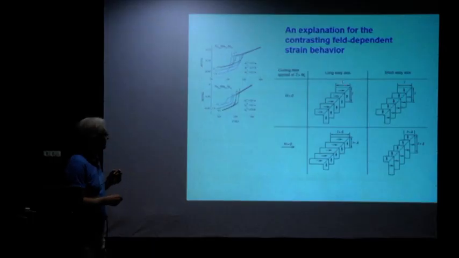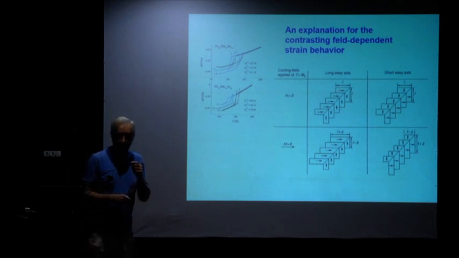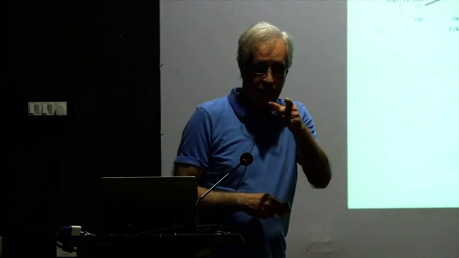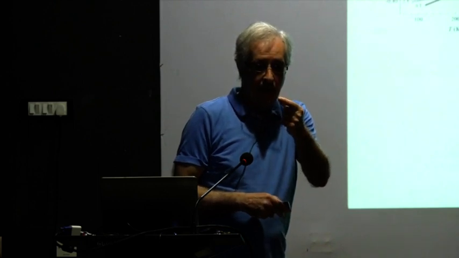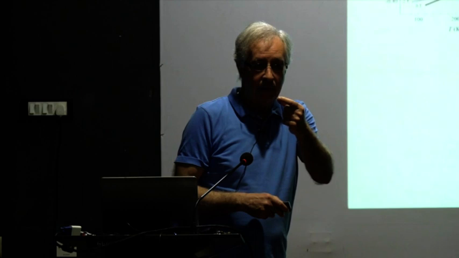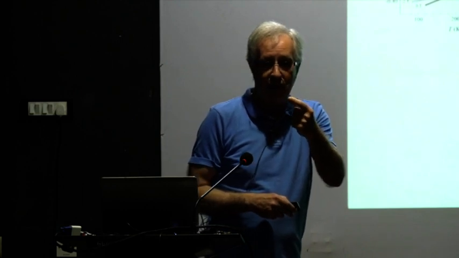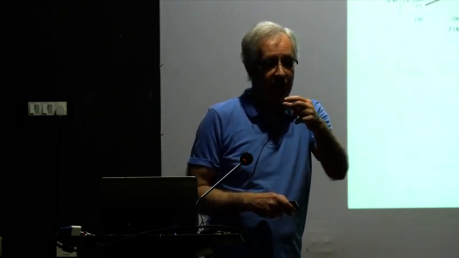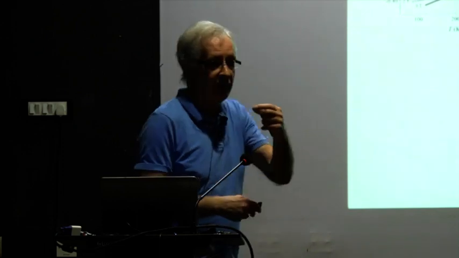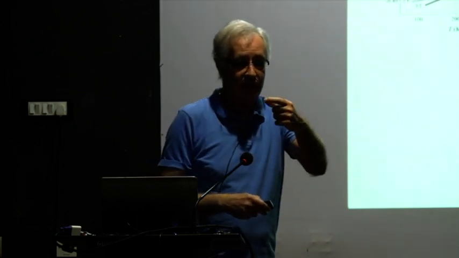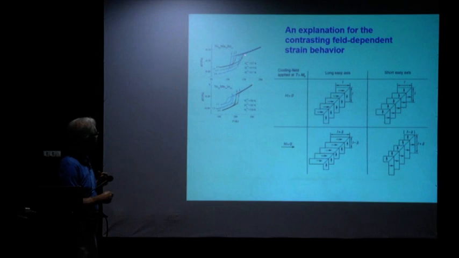So, now, if your long axis is the easy axis, then along the field direction, what is going to happen to the sample? The difference between the initial and the final state is going to get larger.